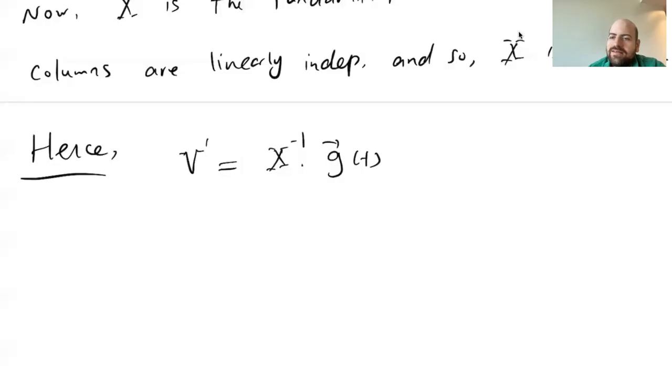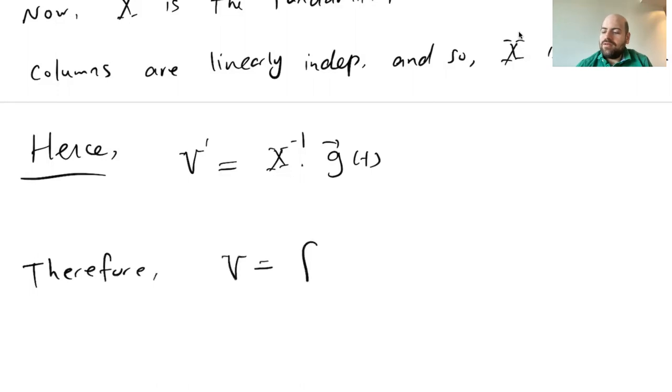So what will be V itself? If we found V prime, then V will be simply the antiderivative of V prime. Therefore, capital V is equal to the integral of X inverse G of T dt.